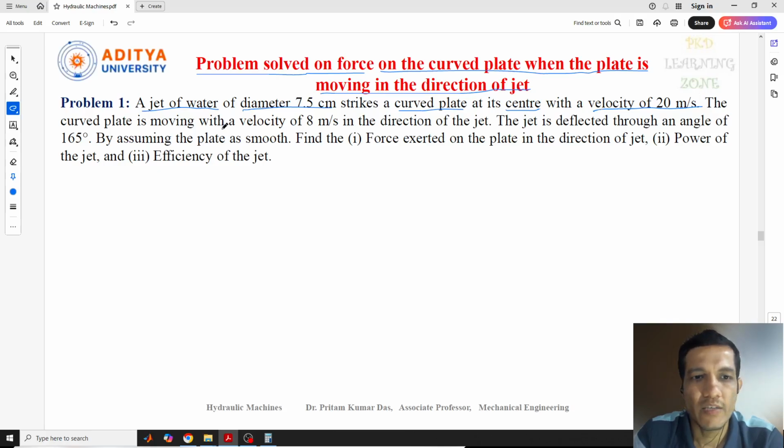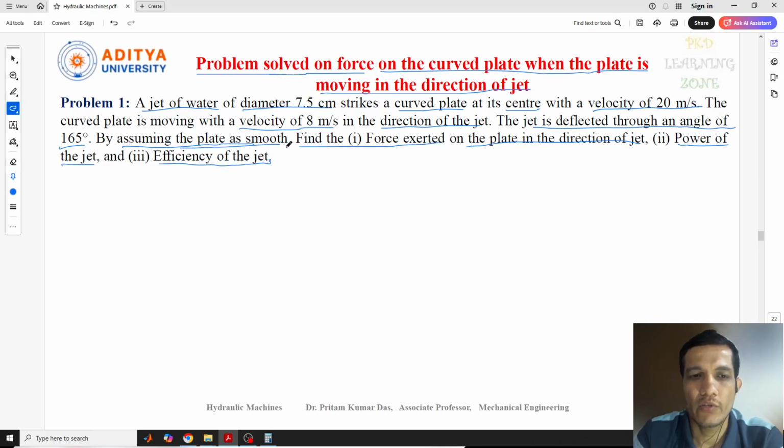The curved plate is moving with a velocity of 8 meter per second in the direction of jet. The jet is deflected through an angle of 165 degree. Assuming that the plate is smooth, find the force exerted on the plate in the direction of jet, power of the jet, and the efficiency of the jet. These are the 3 points we need to calculate.